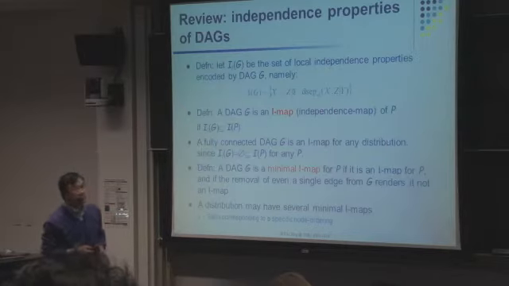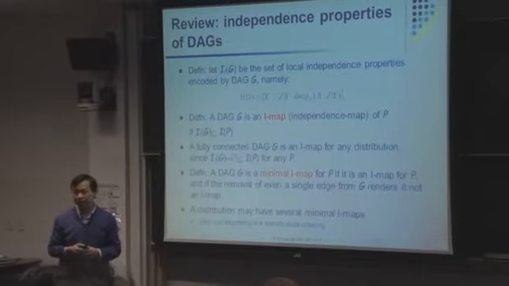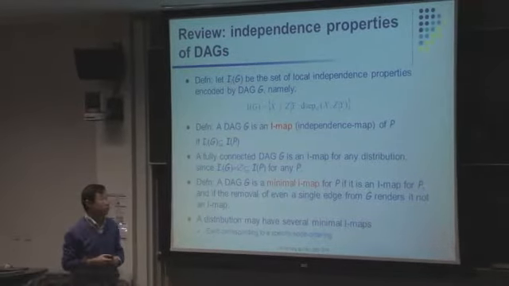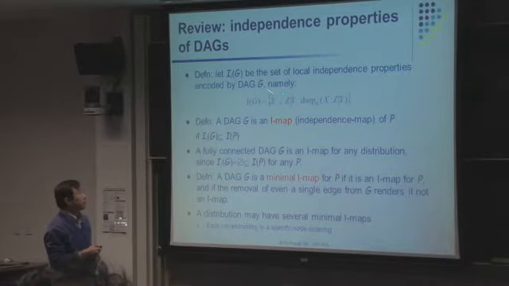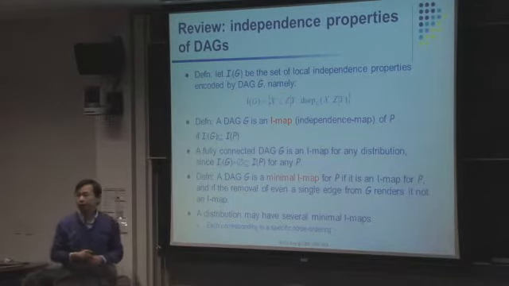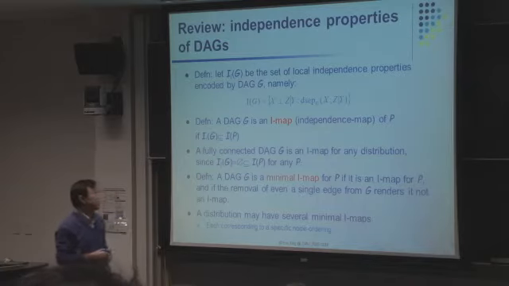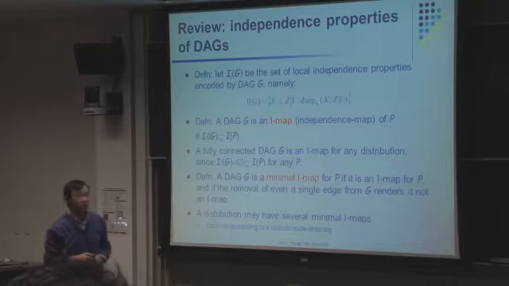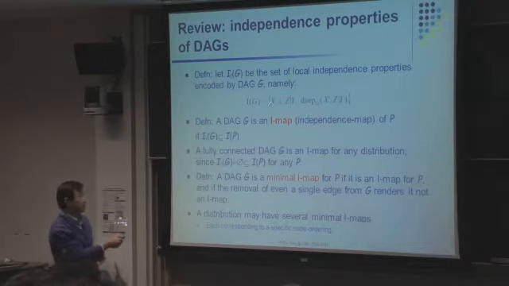Just a quick review. Here are some definitions I summarized from the previous lecture so that you need to remember. First of all, we must understand that every graph, if we use it as a backbone for a graphic model, then this graph encodes a set of independent statements or properties, which can be summarized like this, right?